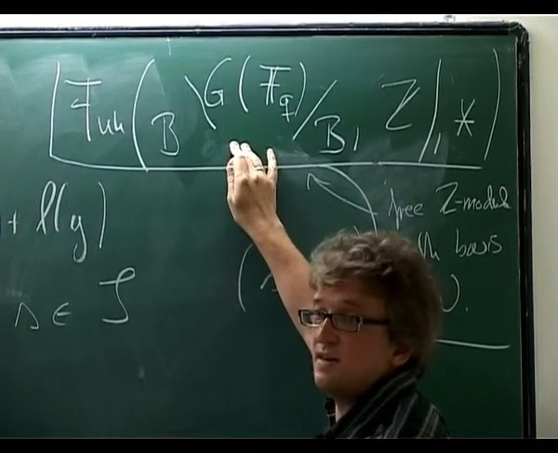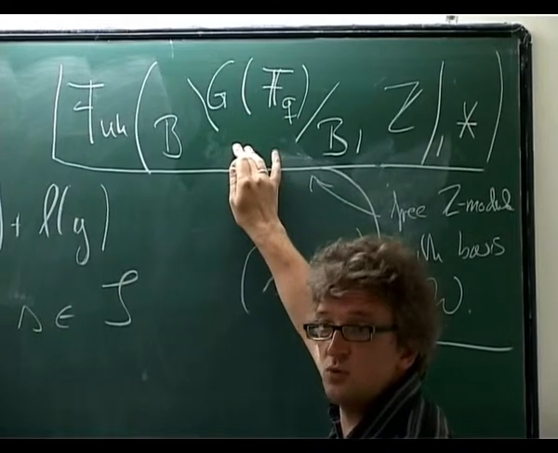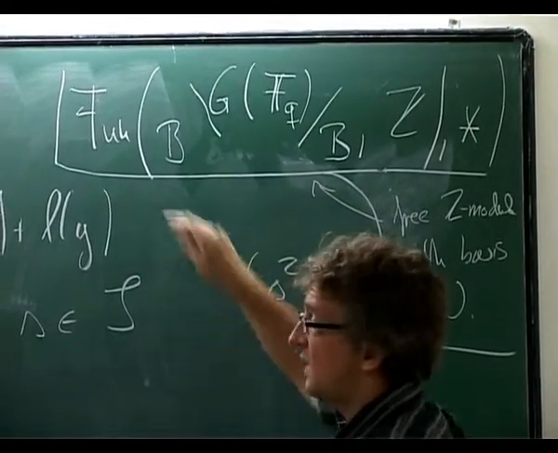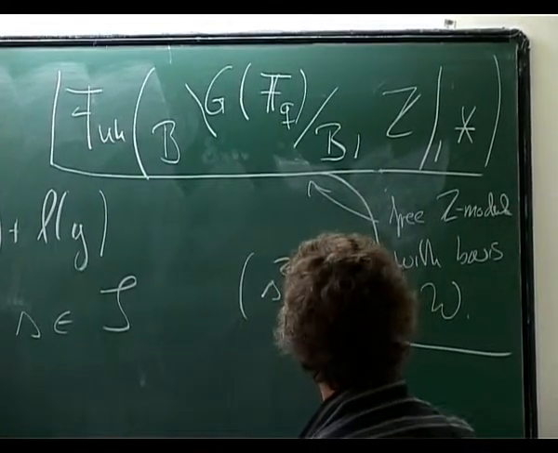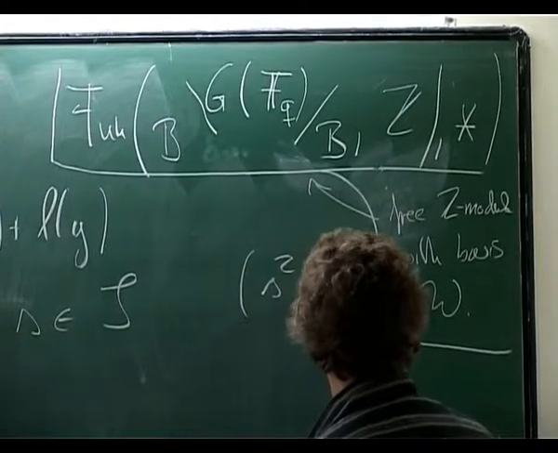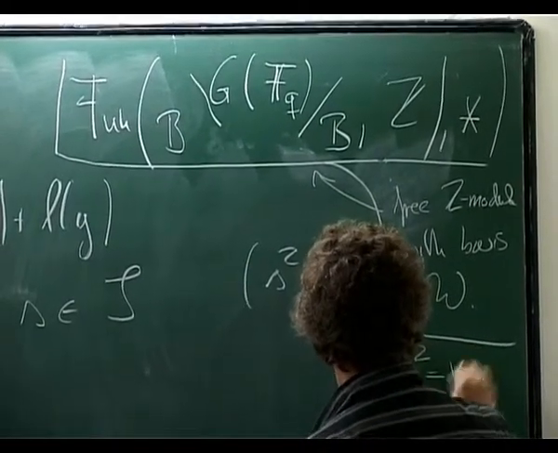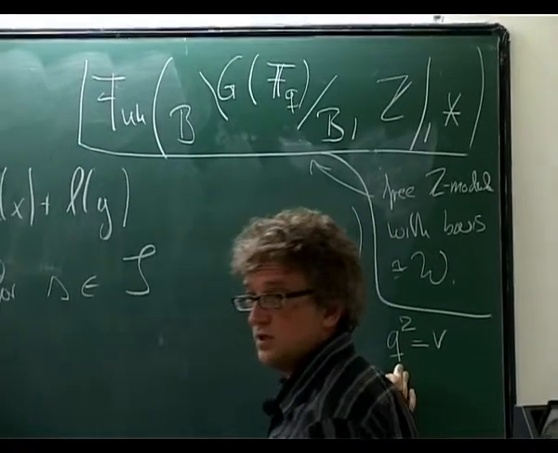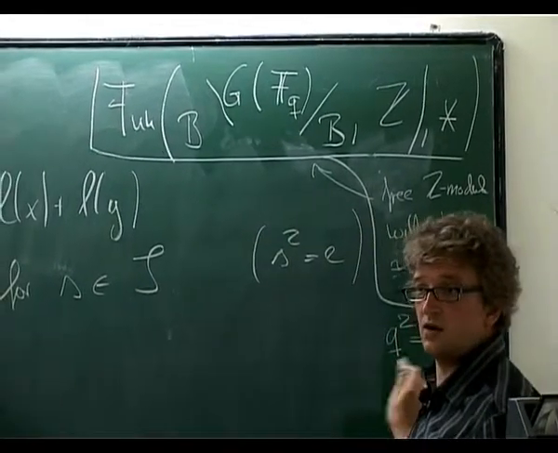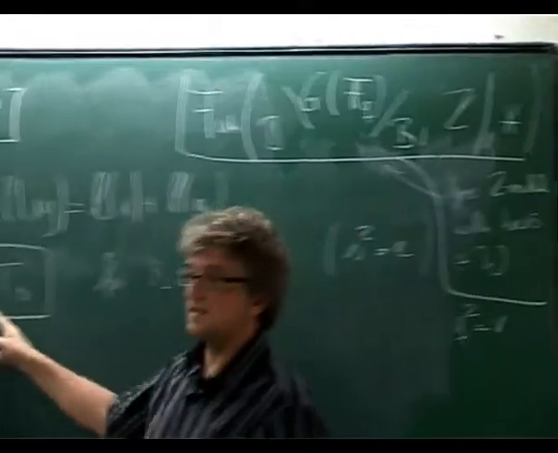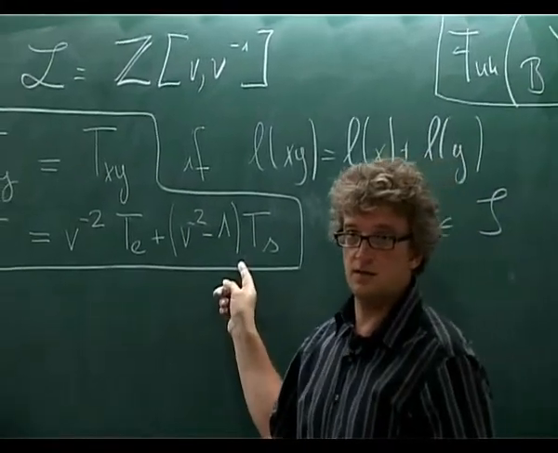It's a very funny exercise to do it for GL_2 or so. You see q appearing polynomially, and if you take a square root of q and call it v, you get these relations.